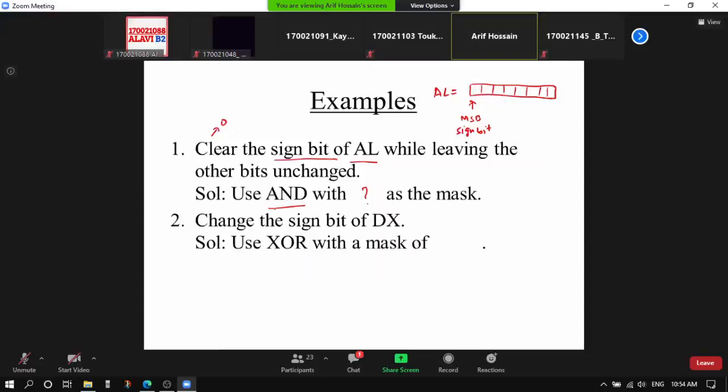So your answer is we have to use AND operation, but with this AND operation, what will be the mask? Please tell me the answer. You can give your answer either in binary or hexa or decimal. It is totally up to you.